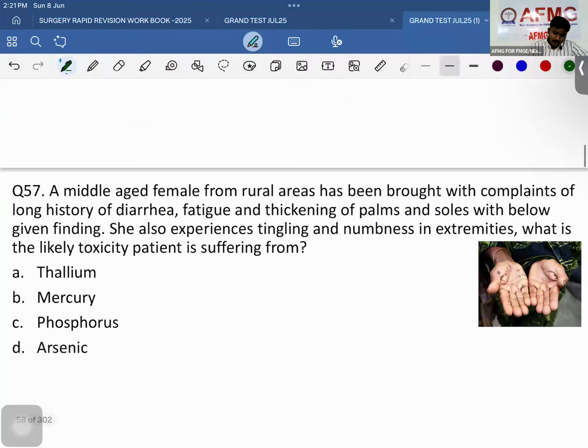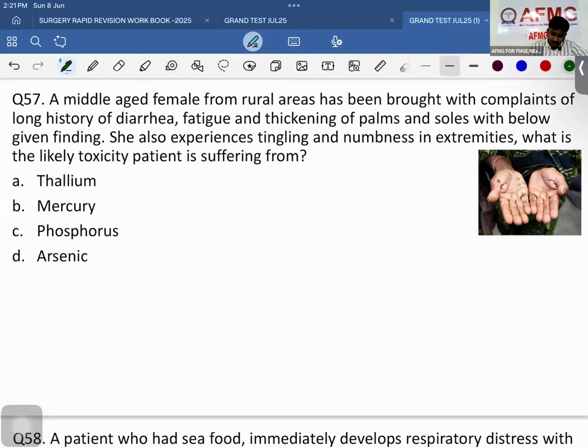Question number 57: here we have a middle-aged female belonging from rural areas, brought with complaints of long history of diarrhea. Here also there can be a rice watery diarrhea which will be seen. Along with that, the patient will have fatigue and thickening of the palms and soles. Thickening of palms and soles is known as hyperkeratosis.